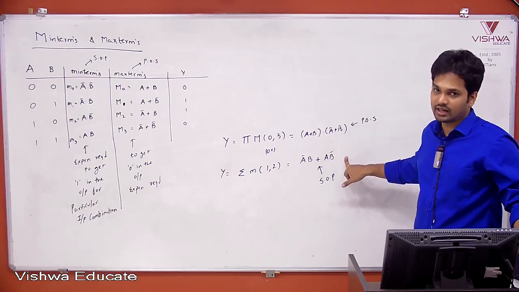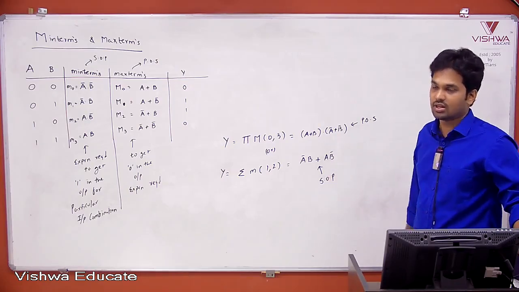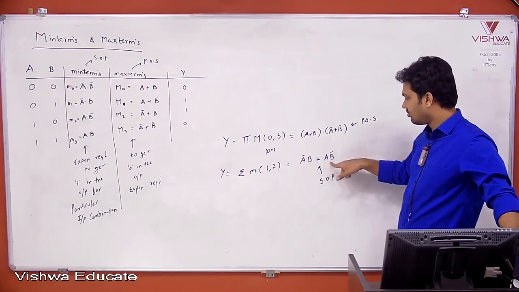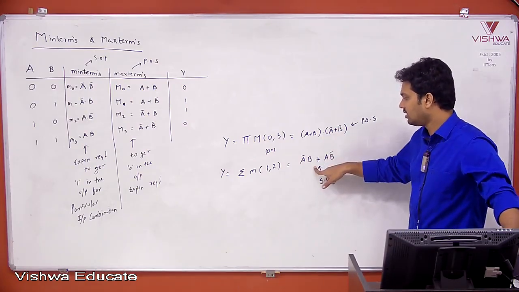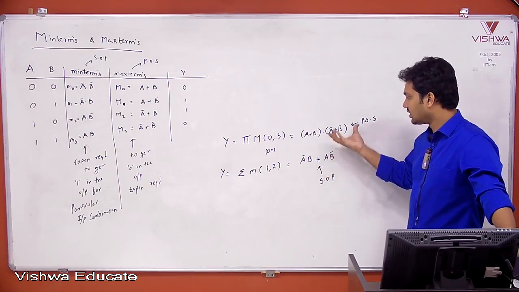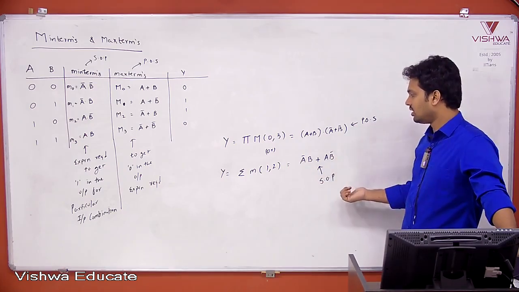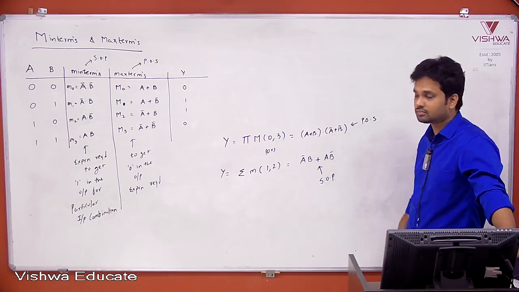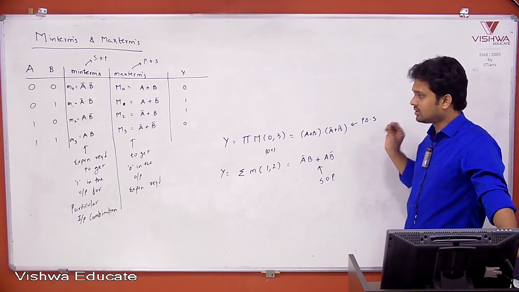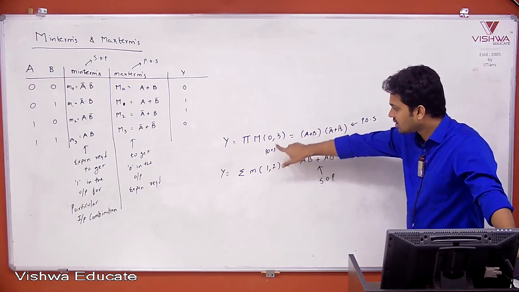According to convenience, it is an AND-OR function, or an OR-AND function. This is NOR, this is NAND. So according to our convenience, we may take POS or SOP, according to the availability of your gates and all.